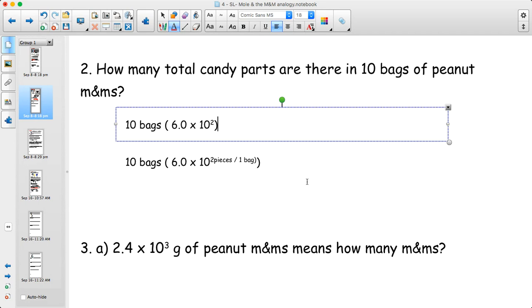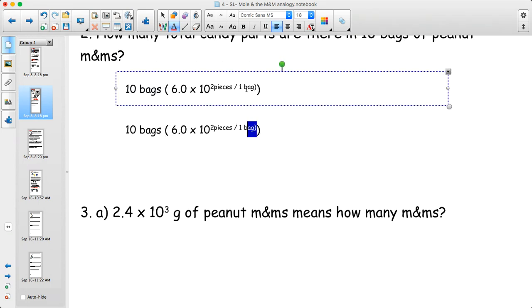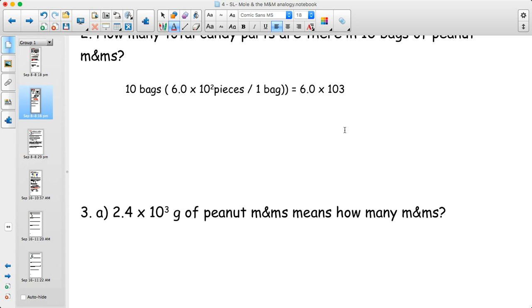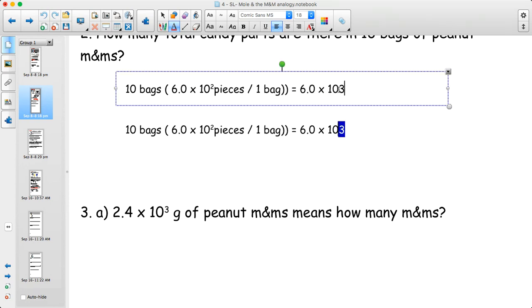Let me fix that. Okay, that's the first part. That would tell me how many M&Ms there are. And that would be 10 times 6 times 10 to the second is 6 times 10 to the third, or 6,000 pieces. Well, in every piece, there's actually 4 candy parts.